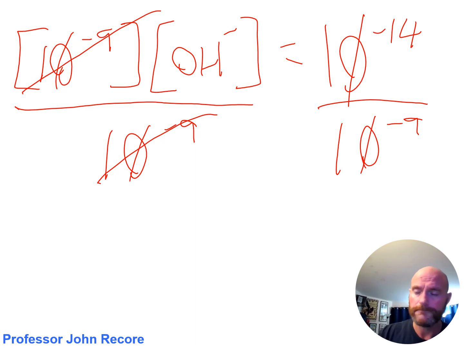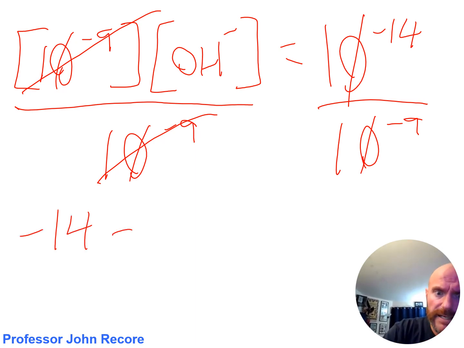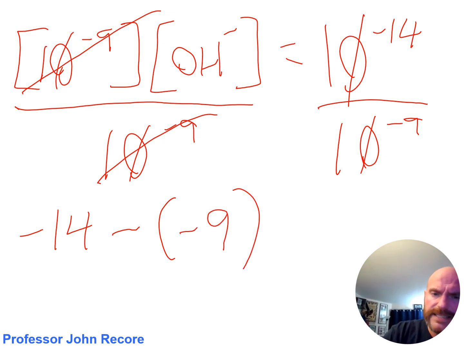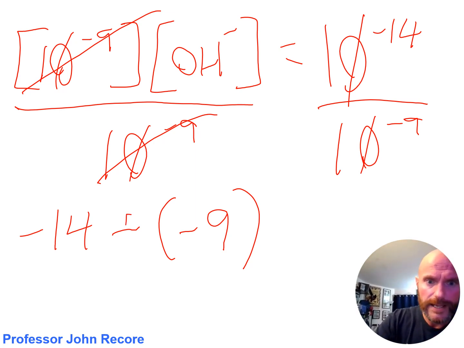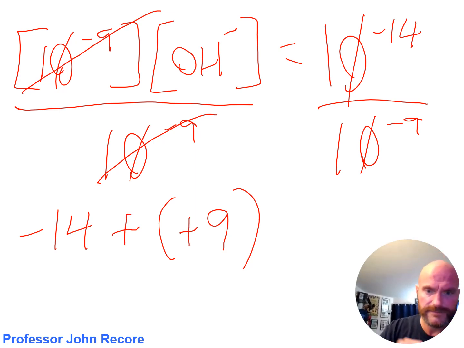Let me show you what I mean. So we're going to subtract negative 9 from negative 14, right? So negative 14 minus negative 9. When we subtract a negative, we add the positive.